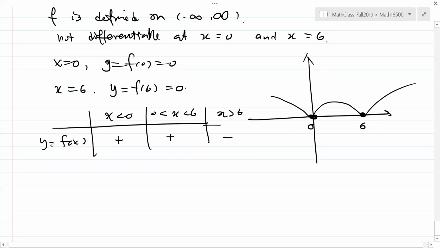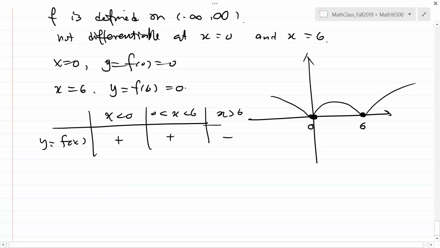Well, is there any inflection point? I don't think there are any inflection points here, because look at the graph. I think the piece on the left-hand side is concave down. The piece in the middle is concave down.